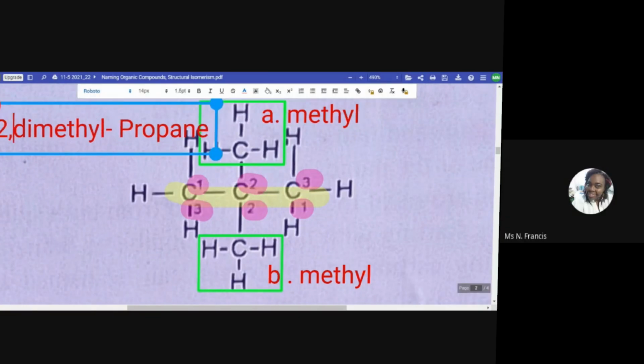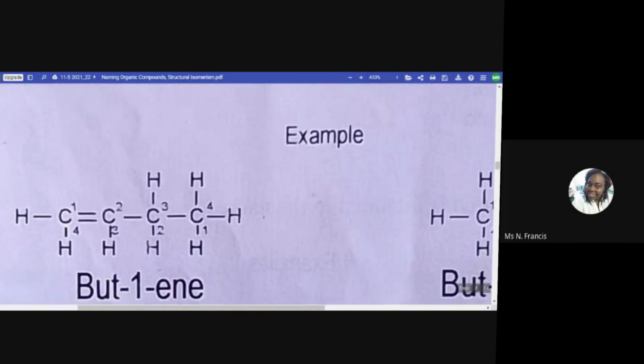Carbon 2. Good. In order to account for the position of each branch, though it is on the same carbon, we write the numbers twice. That's the only thing we're going to write twice. So we write 2,2-dimethyl propane.